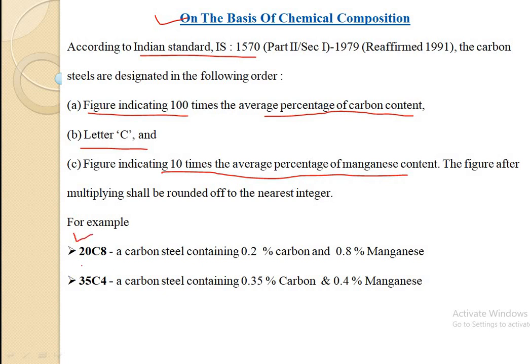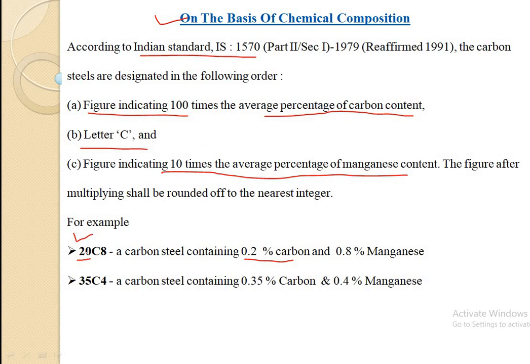Now 20C8 is a mild steel. It is the designation of a mild steel. What is the meaning of this? According to this procedure, this 20 indicates 100 times the average percentage of carbon content.